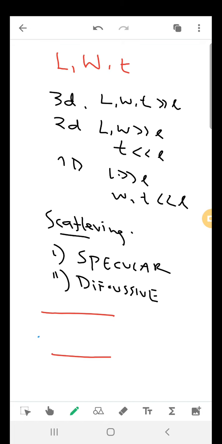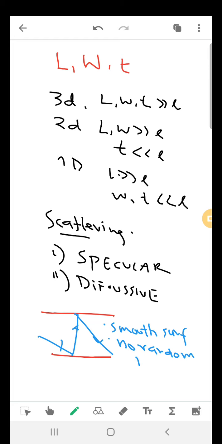The electron will come and get scattered from the boundaries. We consider a smooth surface here. Then there is no randomization of momentum, and it has no effect on the mean free path. So this is what specular scattering is all about.